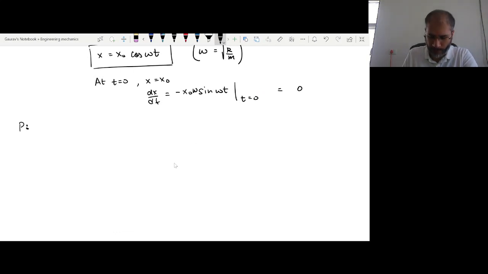So this is the problem of an inverted pendulum.